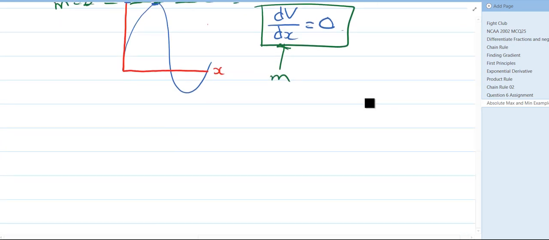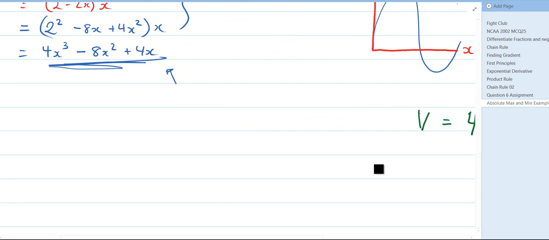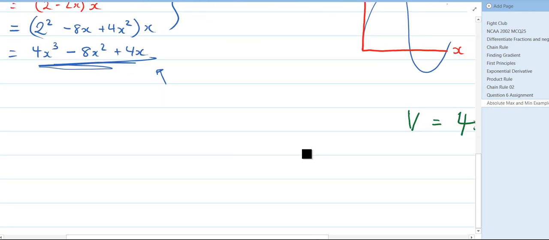So going back, we know that the equation V is equal to 4x cubed, what was it again actually? It was minus 8x squared plus 4x.